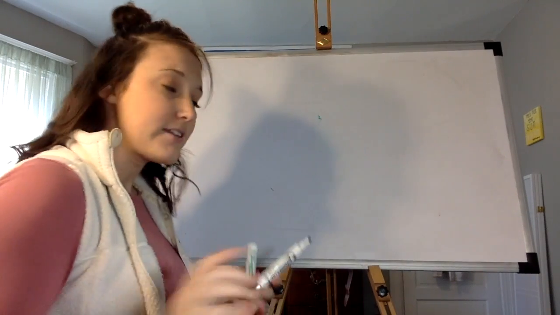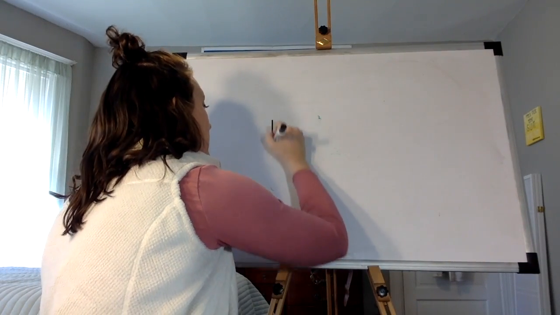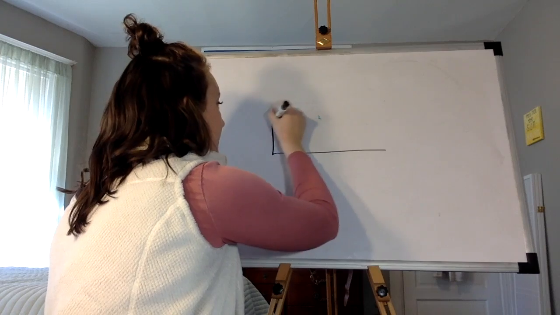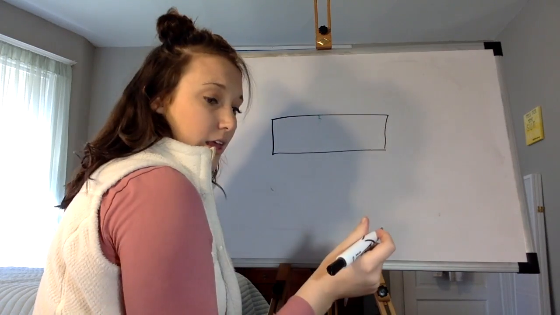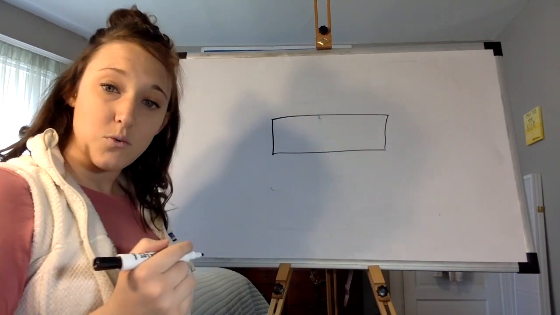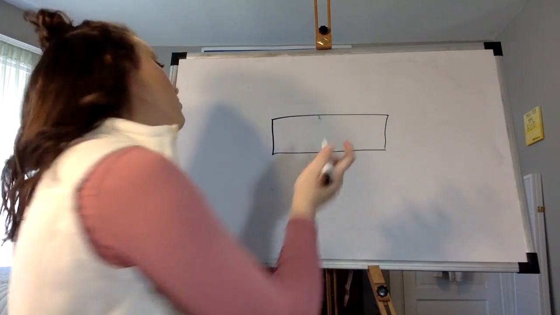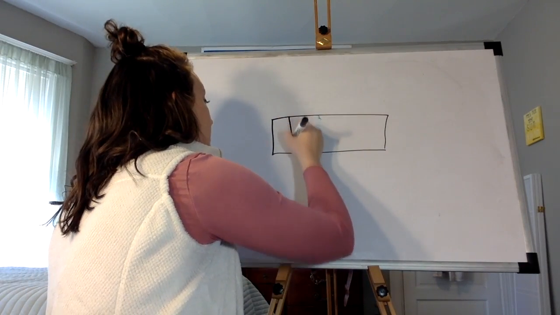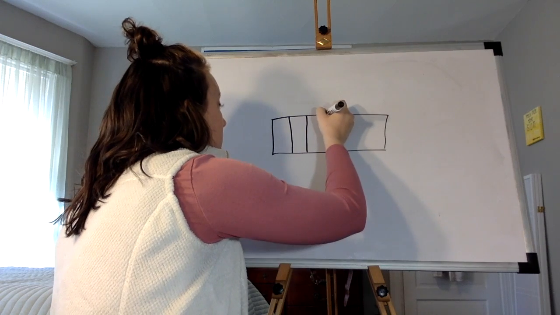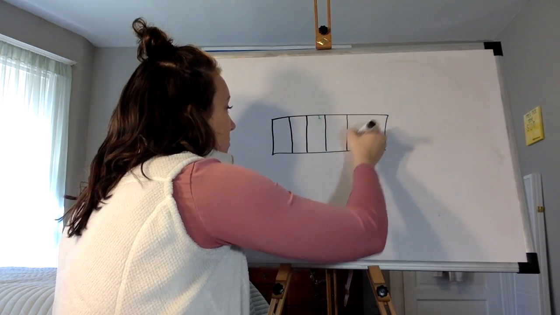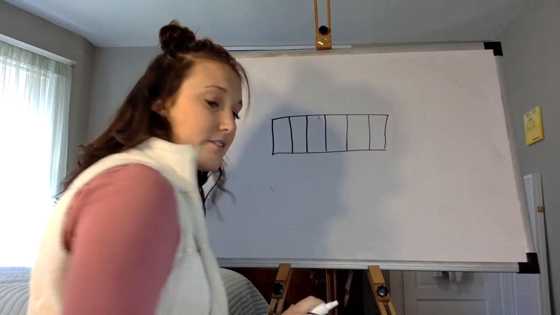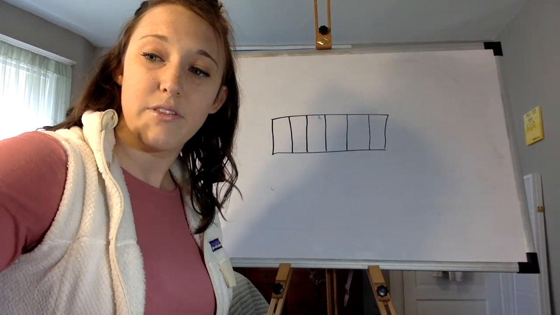And then the very last one of the examples that they give, it gives you a rectangle. And it looks like it's split equally. And they have 6 equal shares. So I'll make 6. 1, 2, 3, 4, 5, 6. Okay.